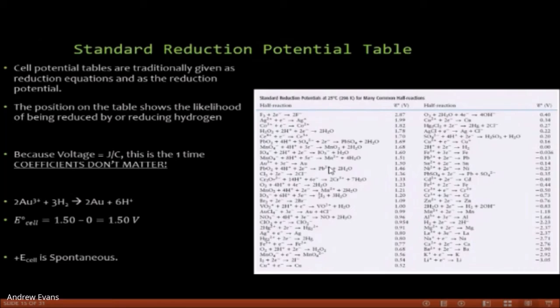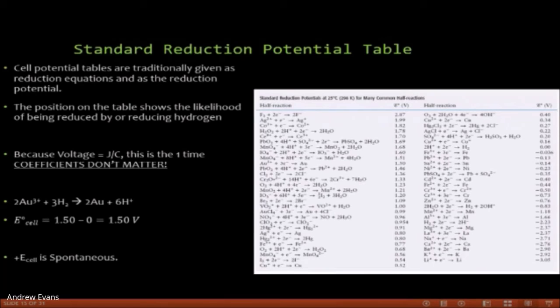Now, the big thing that's different from our delta G or delta H is that when we subtract these, we do not need to take into account the moles or the balanced chemical equation. We just take the straight up values and subtract them.